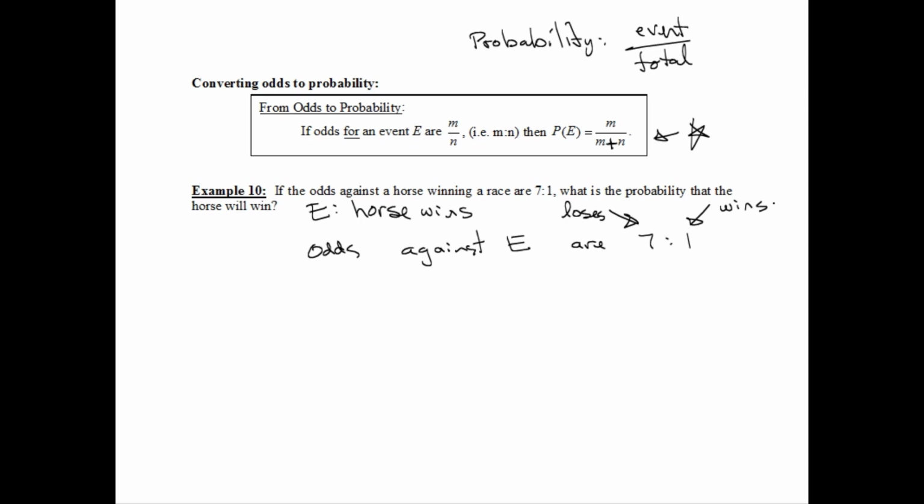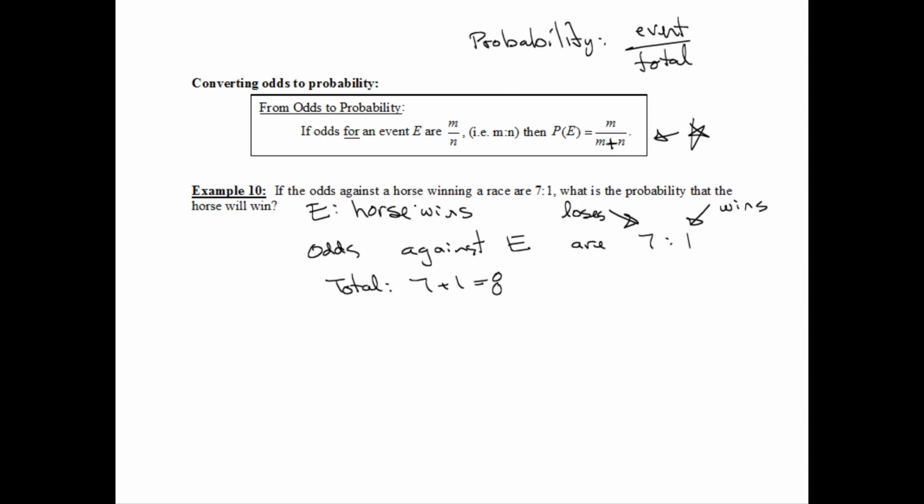Okay, so now what is my total? 7 plus 1, so 8. Really, in odds we're going to contrast the chances of winning against the chances of losing, or in the case of odds against, losing against winning. For event probability, we want to contrast the event against the total.